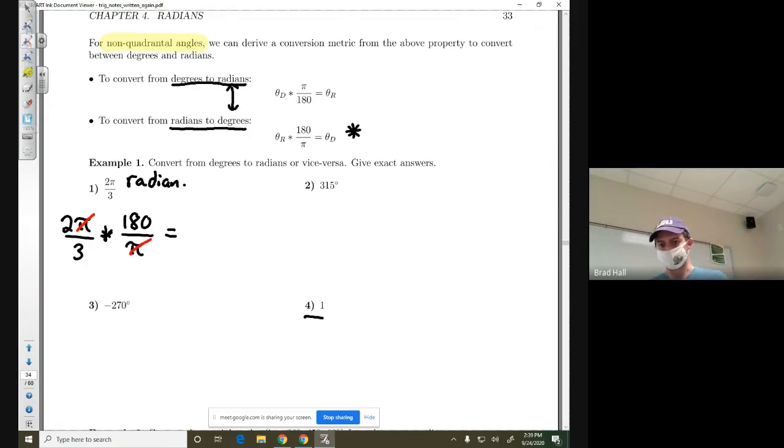If you do it in your calculator, the pi's will cancel anyways, but it's 2 times 180 divided by 3. You get 120 degrees, and that's it. That is it. So for problem 2, this is obviously a degree measure because there's a degree symbol.